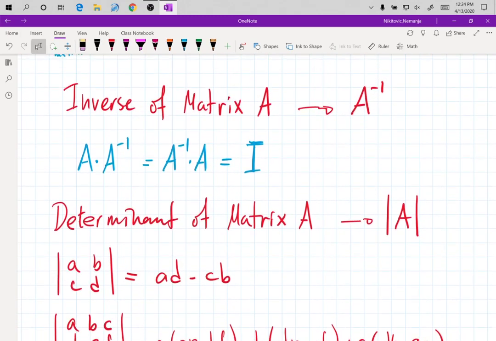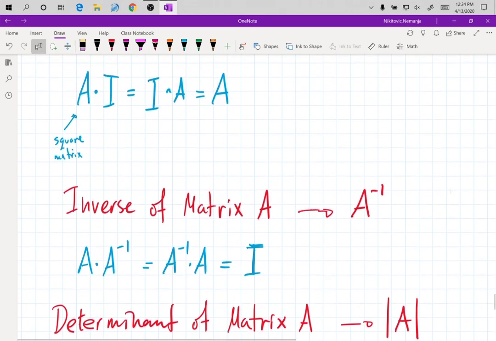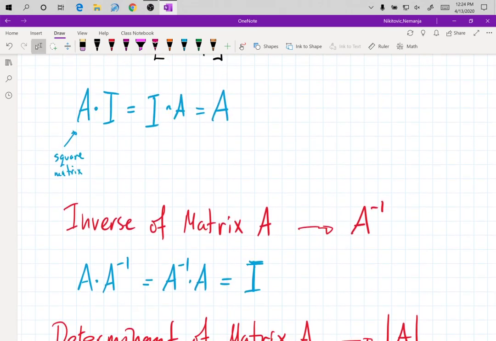I'm not sure what this is in chat. I'm not sure what that means.